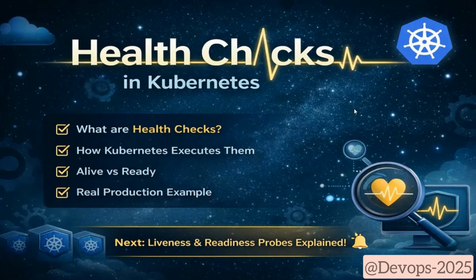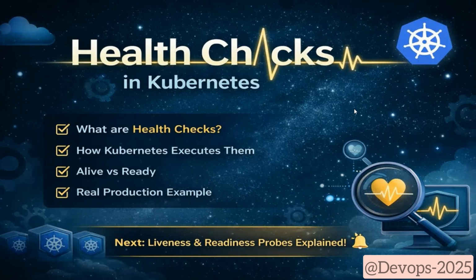Okay. Coming to the summary, in today's video we discussed why health checks are required, how Kubernetes executes them, what the scripts or commands do, what zero and non-zero mean, and we saw one real-time use case.